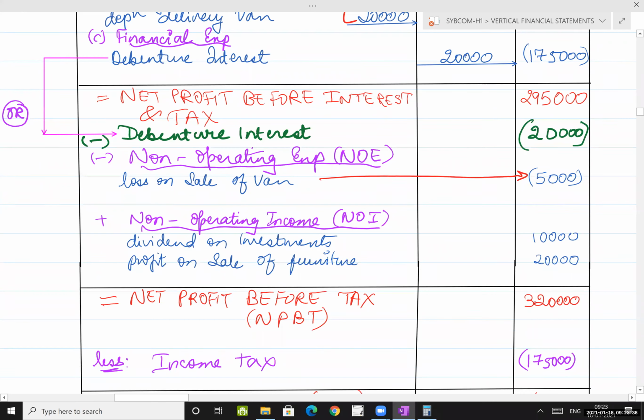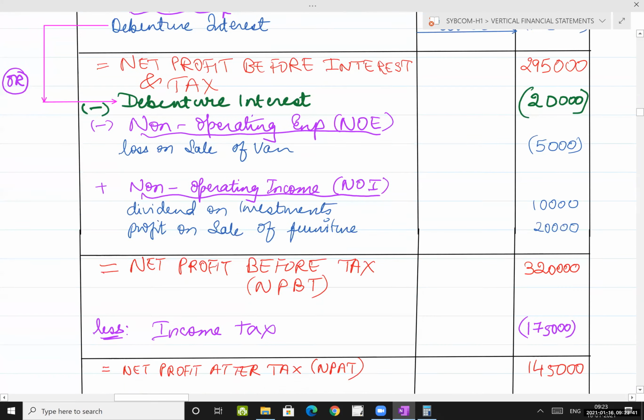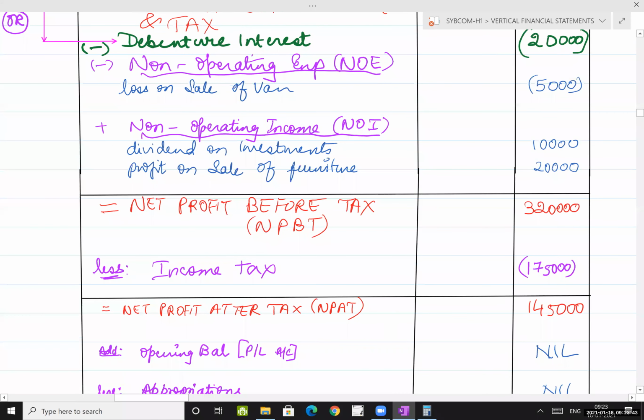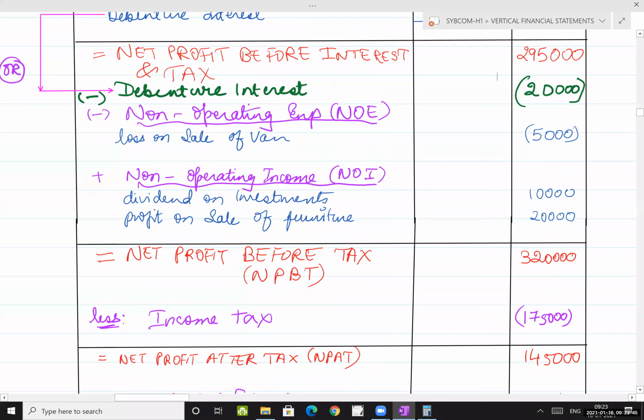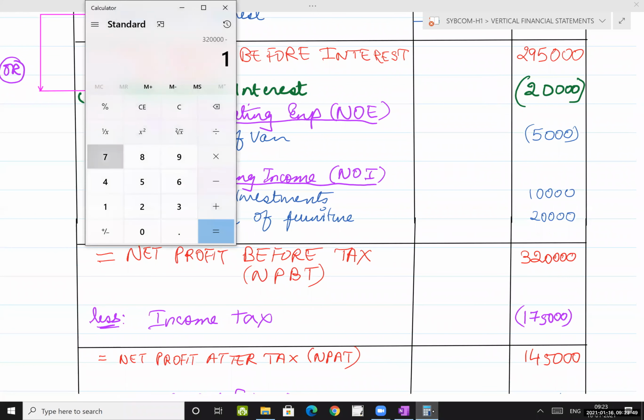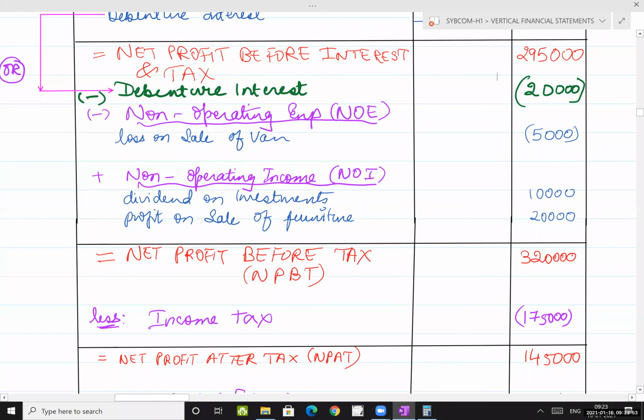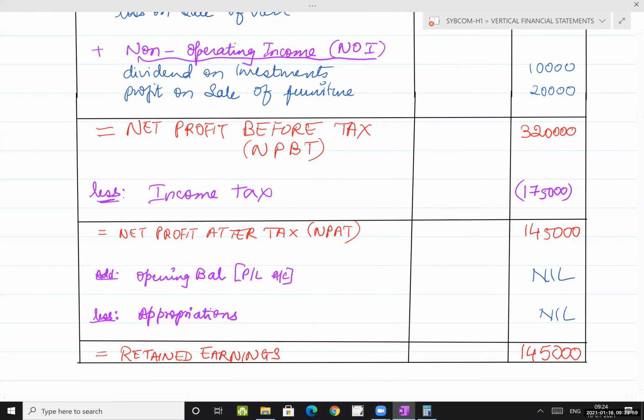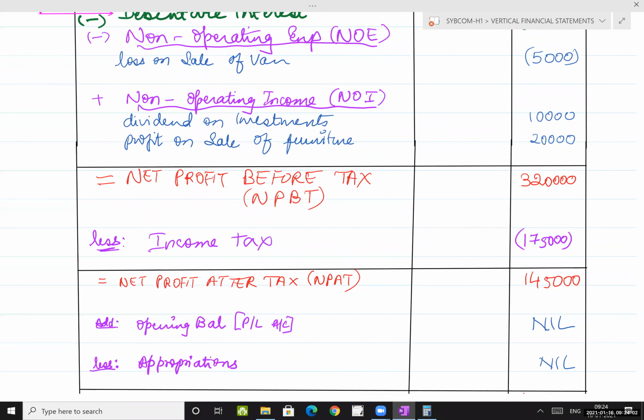And PBT less income tax, 1,75,000. 3,20,000 में से 1,75,000 minus कर दो तो 1,45,000 net profit after tax and PAT. ठीक है.